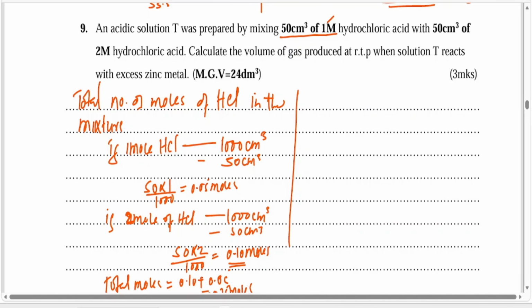Now that we have the moles of the acid that reacted, we can now determine the moles of zinc that were used. So we first write the equation so that we determine the mole ratios. Zinc solid reacted with hydrochloric acid, which is aqueous, and we obtain zinc chloride, which is also aqueous.